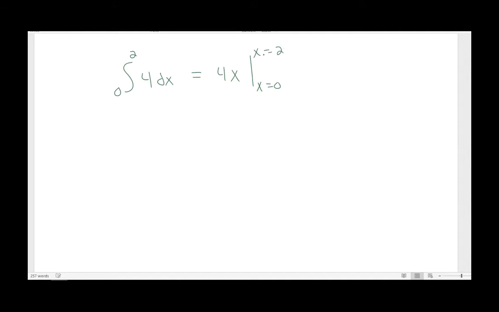The fundamental theorem says I take my upper limit and plug it into the function, and subtract with my lower limit plugged in. We get 8 minus 0, which is 8. So in our exploration, we used geometry to come up with the value of 8. Now we're using our shortcut, the fundamental theorem, connecting to the integral producing an antiderivative.